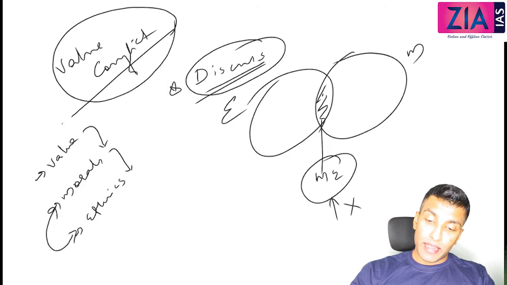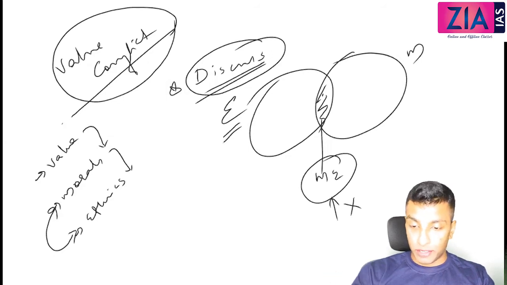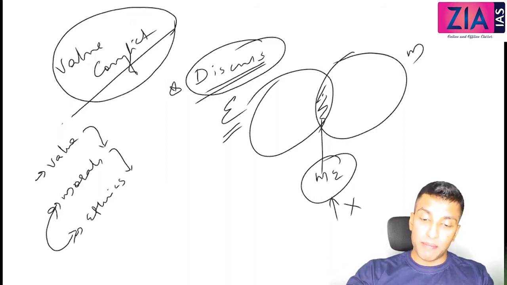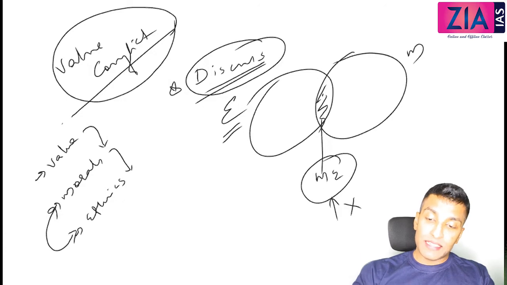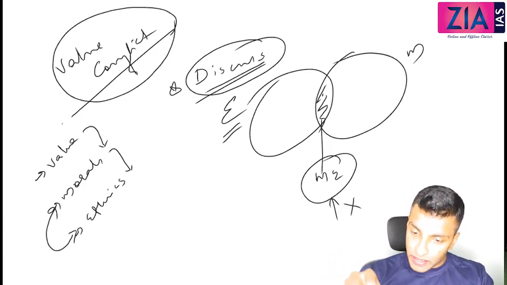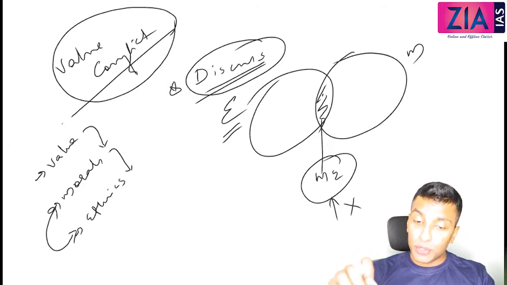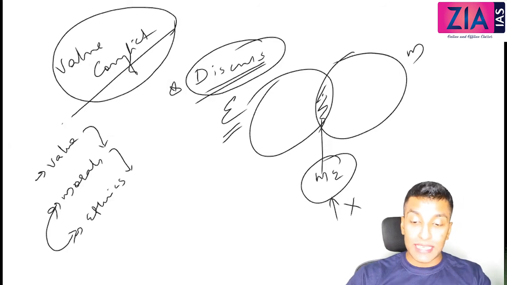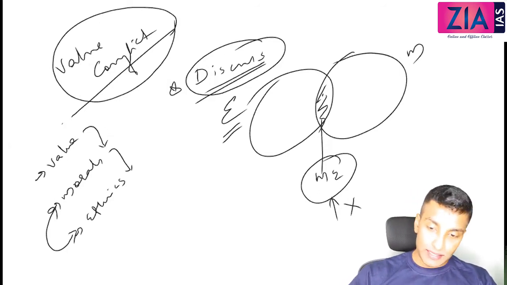But okay, it is actually as part of the code of conduct of the profession. So you have to do it as part of code of conduct or the ethics of the profession, because your profession demands so. So there is a value conflict, and then you also need to explain in your case study, or even in this particular answer also, how to resolve the problem of value conflict. So how can you solve this ethical dilemma? So that's how you need to answer this particular question.